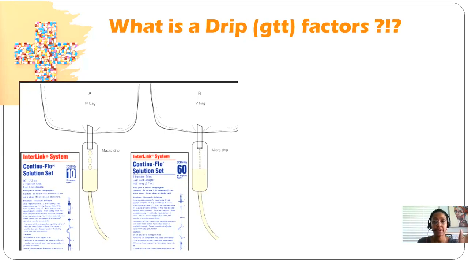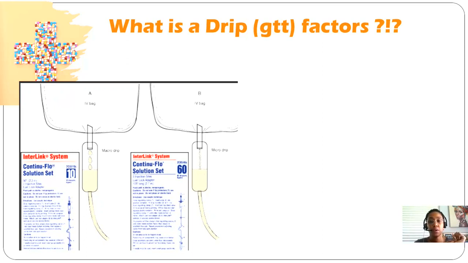Each IV line has a predetermined set of drops that can go in a minute, okay? So a micro IV drip creates a very small drop, as you could see on the left, and a macro creates a large drop.